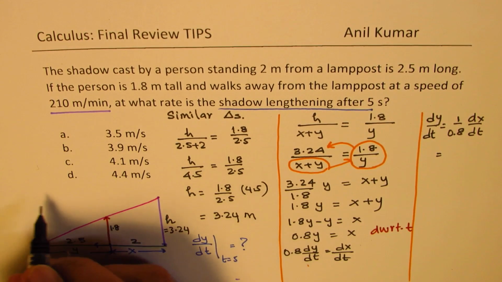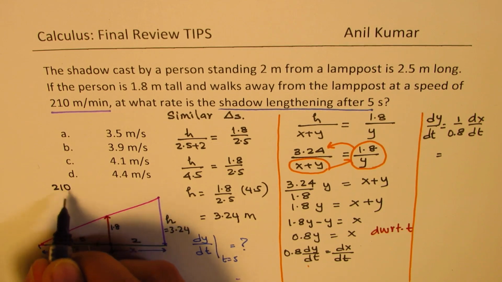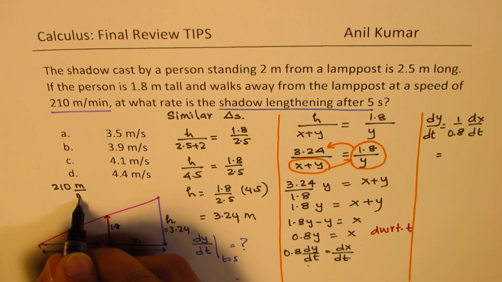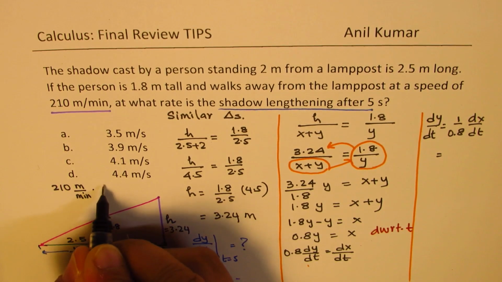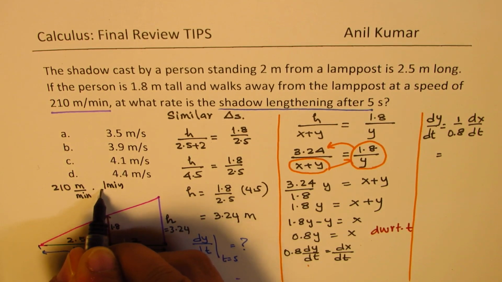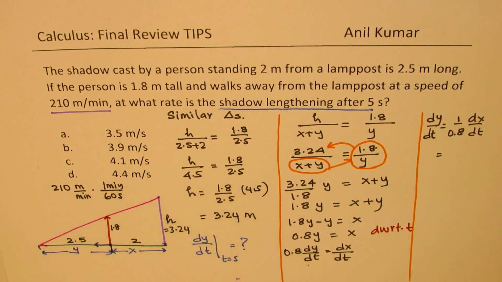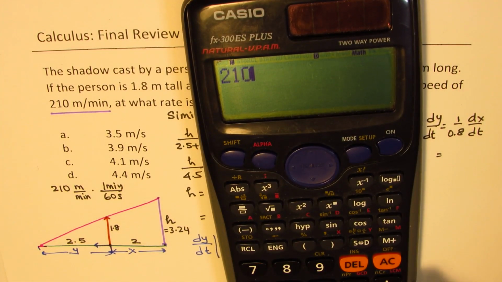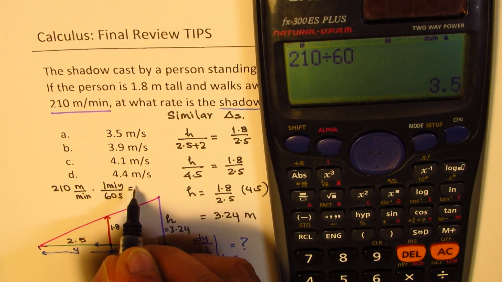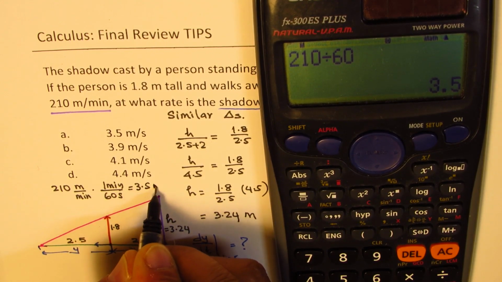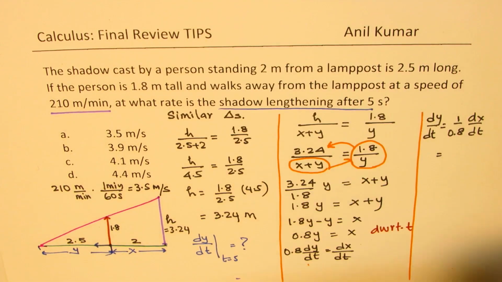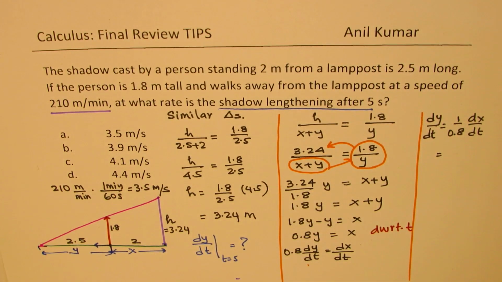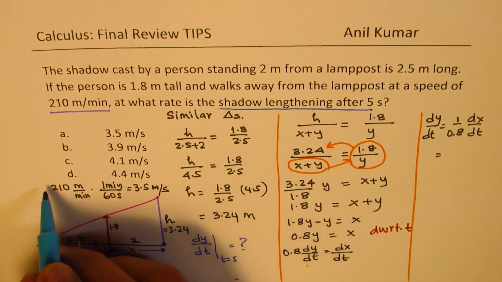Okay, so let's do it here. So we have 210 meters per minute, right? To convert, we know 1 minute is 60 seconds. So 210 divided by 60 gives us 7 over 2, or in decimals 3.5 meters per second. Okay, so we should have calculated this value. Now here it is.